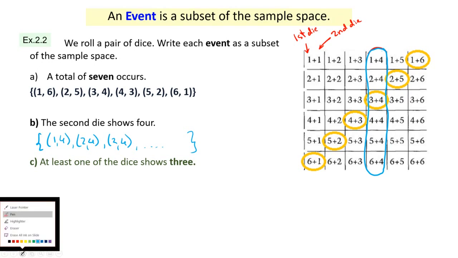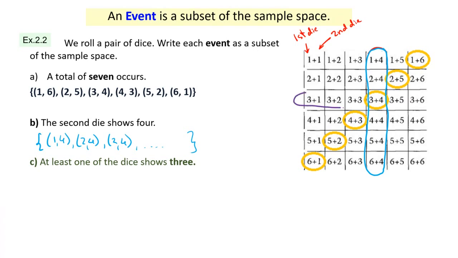At least one means 3 can be on the first place, or 3 can be on the second place, or 3 can be on the first and on the second place together.